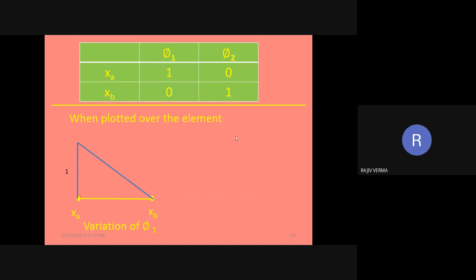Similar behavior has been plotted for shape function number 2. Phi 2 has a value 1 at xb, it has a value 0 at xa, and in between these two values, since phi 2 varies linearly, these 2 points have been connected with a straight line.